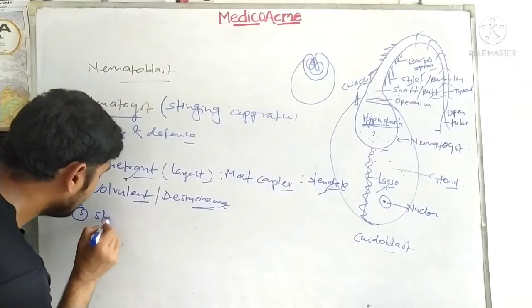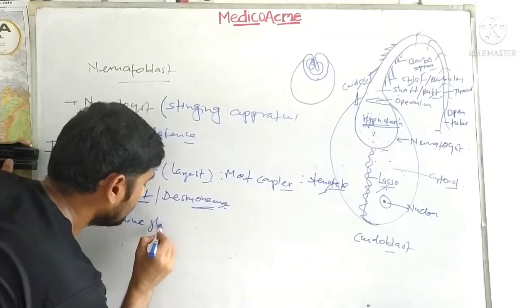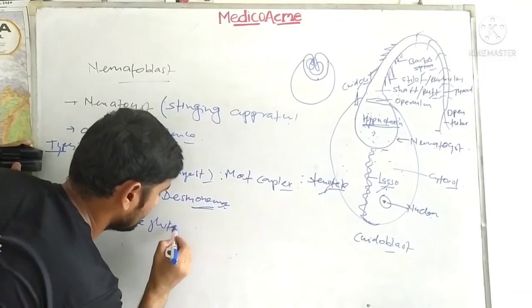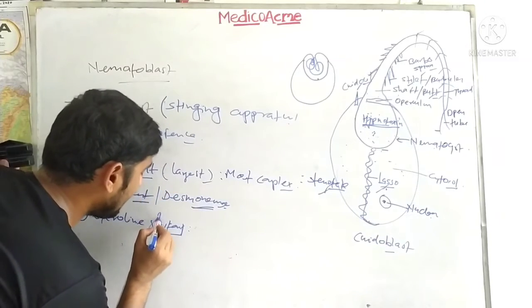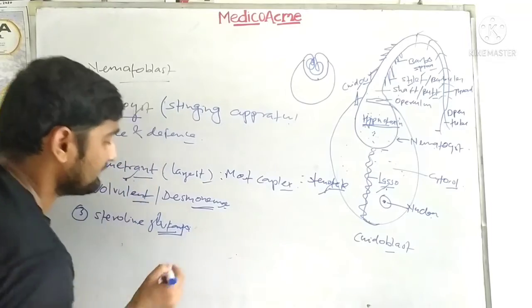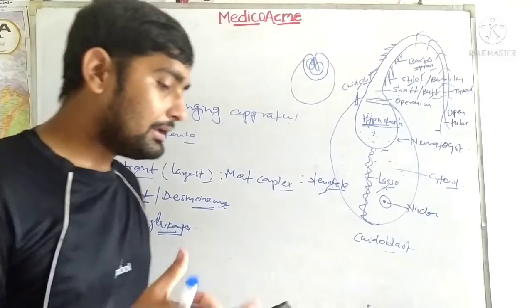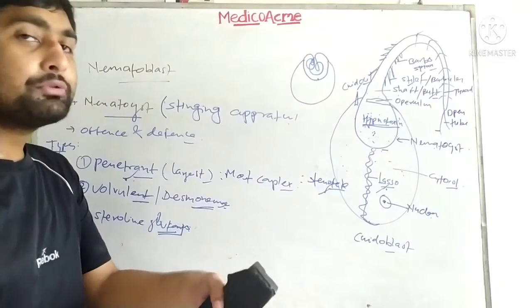Third one is the stereoline glutinants. So guys, glutinants are a kind of structure which have the capability to adhere.